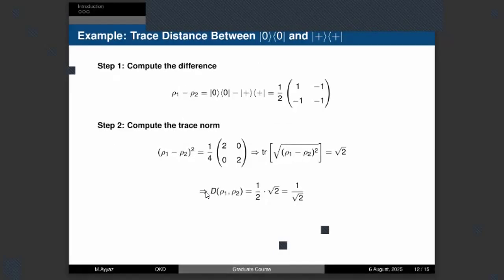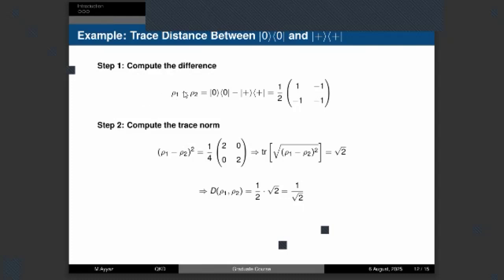Let's see an example. Consider we want to calculate the trace distance between the 0,0 state and the plus plus state. These are two density matrices corresponding to the 0 and plus pure states respectively.